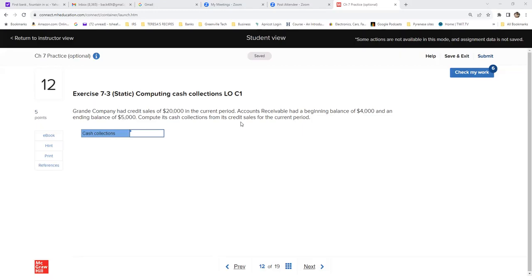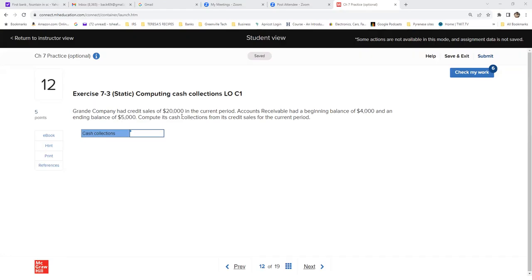So what you want to do is take credit sales and figure the difference between the beginning and ending balance of your accounts receivable. So in this case, it's $1,000. All right. Since your ending balance is higher than the beginning balance, that means you didn't collect all that 20,000.